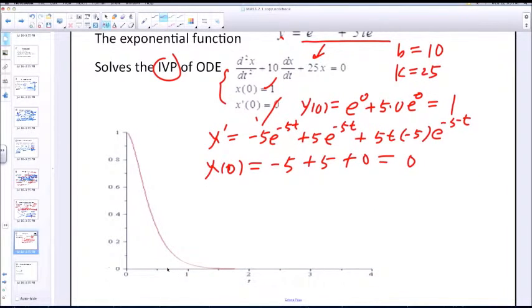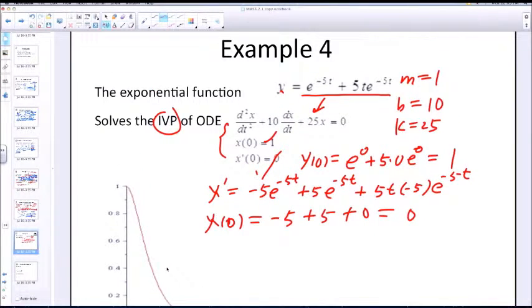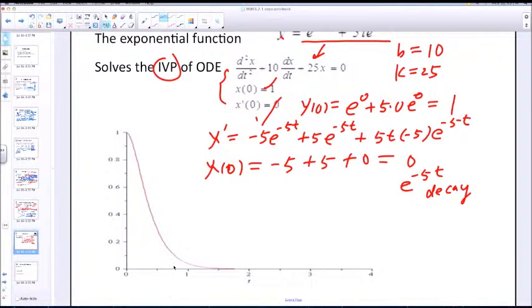Now what you see is an exponential function, and we know this e to the negative 5t is a decaying curve. It goes to 0 quickly. So if you look at the graph, that's what you have. Start from 1 in the beginning, and very quickly it dampens to almost 0.